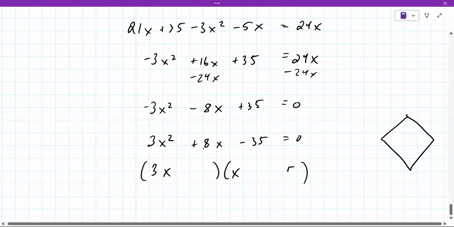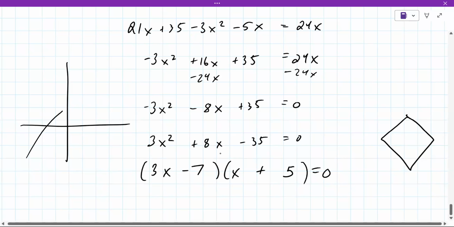For example, 5 times 3x is 15x, minus 7x gets you back to 8x. Now I have the experience of doing this a million times. And if you don't like that, you can always graph, and you'll find that one of them is -5 and the other is 7/3.